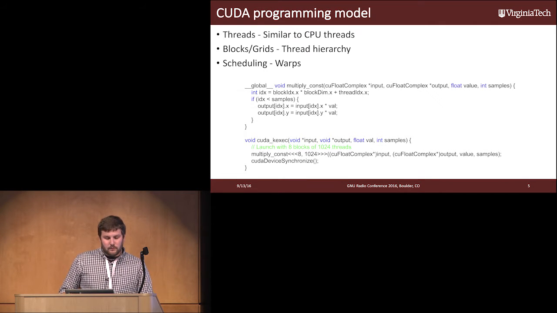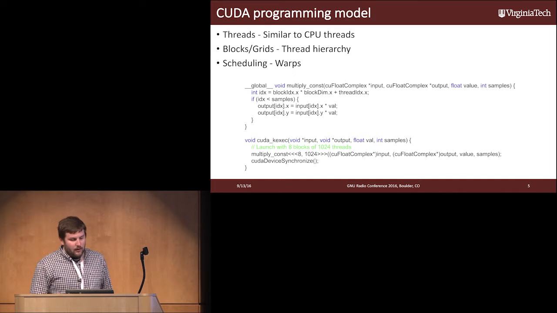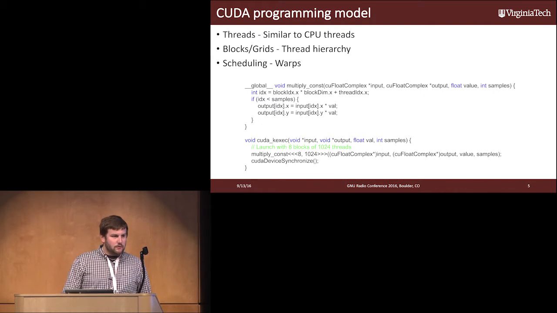GPU programming differs slightly from a traditional CPU algorithm. You have individual threads, very similar to the traditional definition of a thread on CPUs, except they're scheduled very differently. With the GPU, you are scheduling groups of threads that run in parallel.